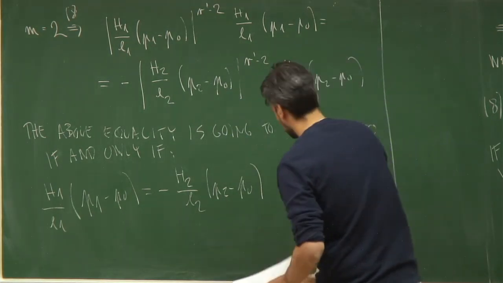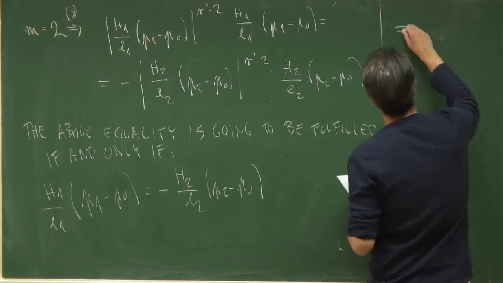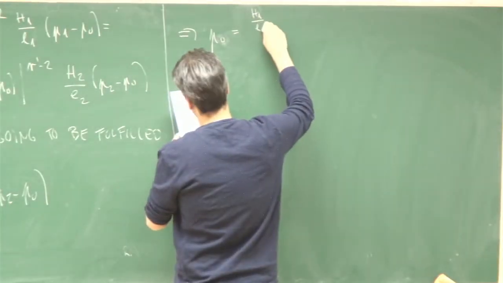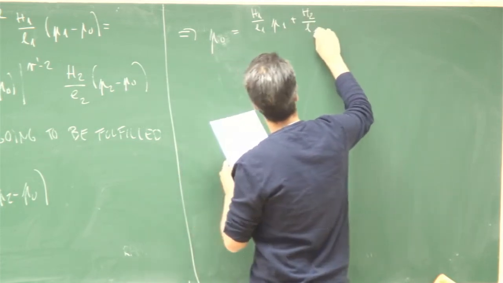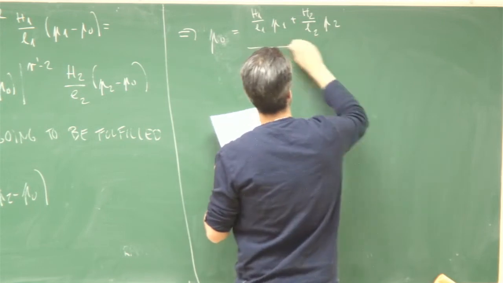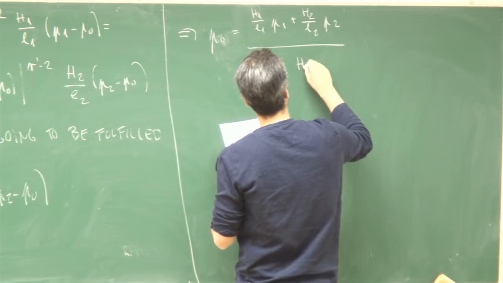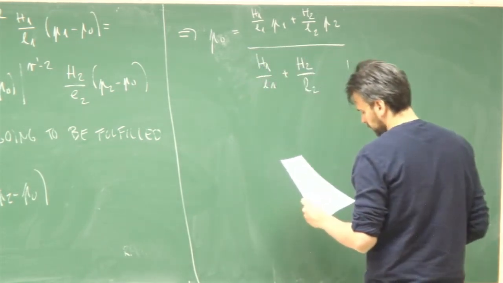Okay, this is obvious. So in this case you can now easily obtain the expression for P0. So it follows that P0 is H1 over L1 P1 plus, so it's a nice expression, H2 over L2 P2, over H1 over L1 plus H2 over L2, where we introduce this notation.